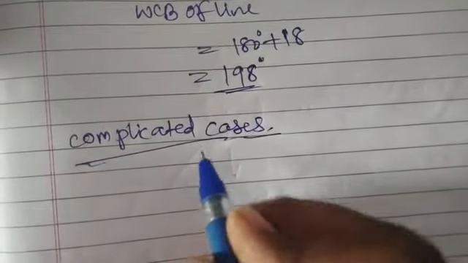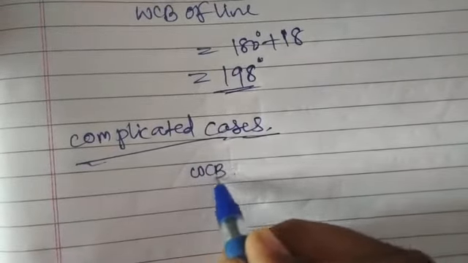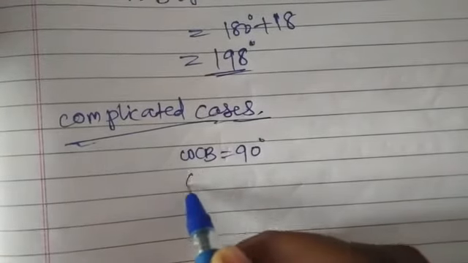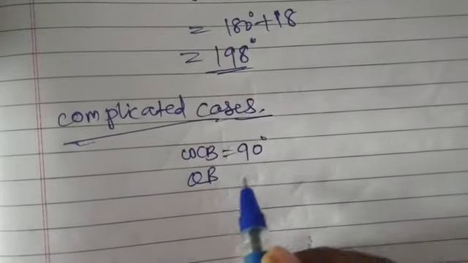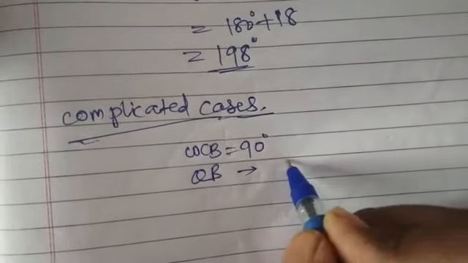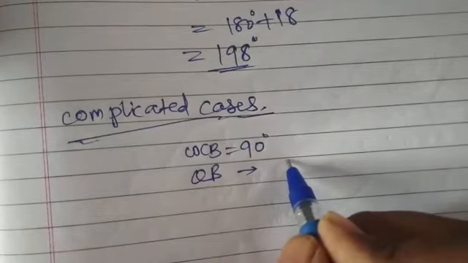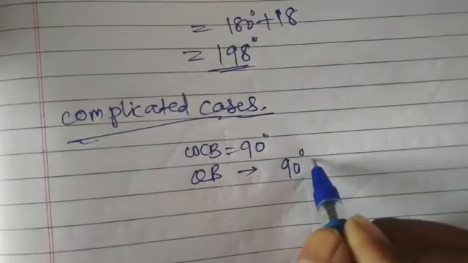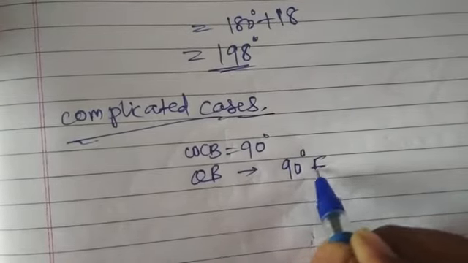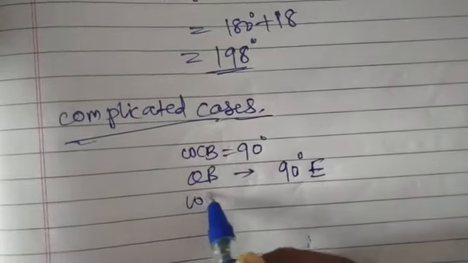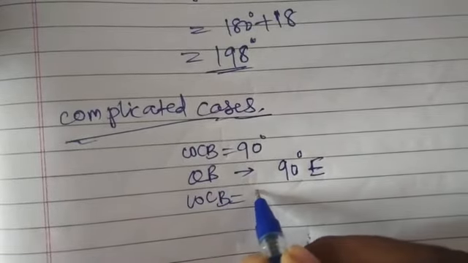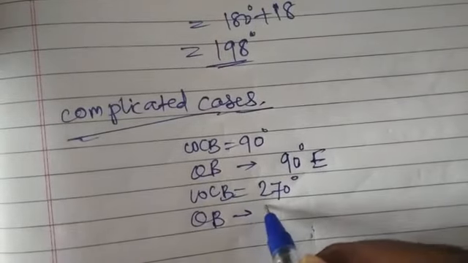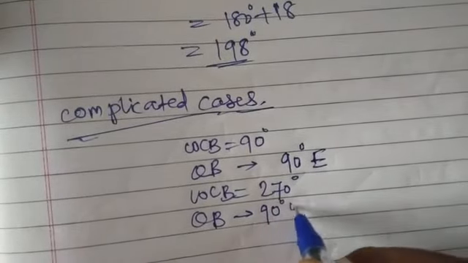When the whole circle bearing of a line is 90 degree, then the QB of the line is represented as 90 degree east, whereas when the WCB of the line is 270 degree, then QB is represented as 90 degree west.